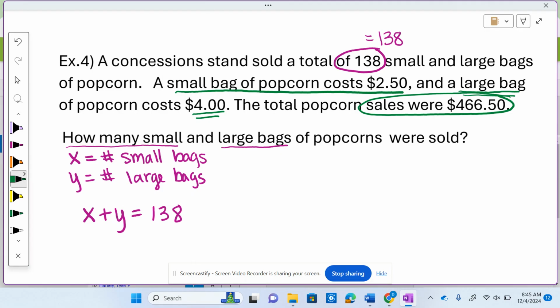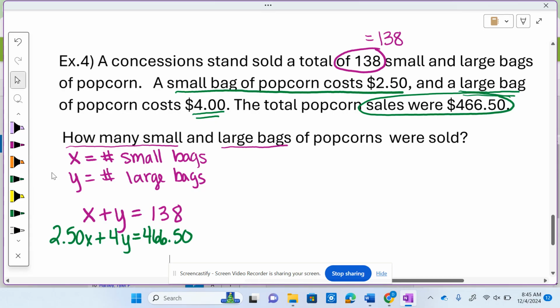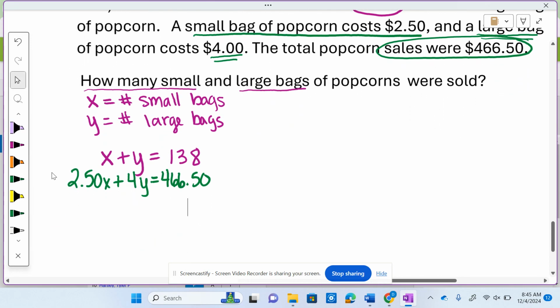So what's that equation going to look like? 2.50x plus 4y equals 466.50. Perfect. Okay, so we have our two equations.